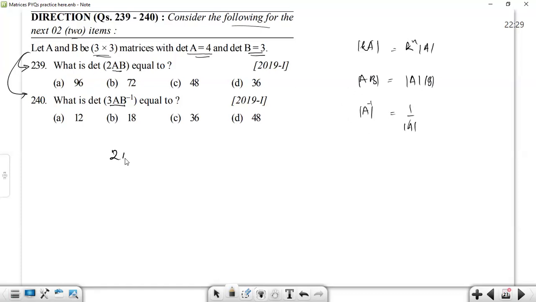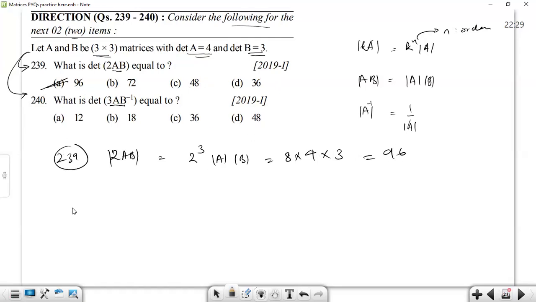The determinant of 2AB is 2 raised to the power n, where n is the order of the matrix, into determinant of A into determinant of B. So 2 cubed is 8, determinant of A is 4, determinant of B is 3, 4 times 3 is 12, and 8 times 12 is 96. A should be the correct answer. This is the solution of 239.